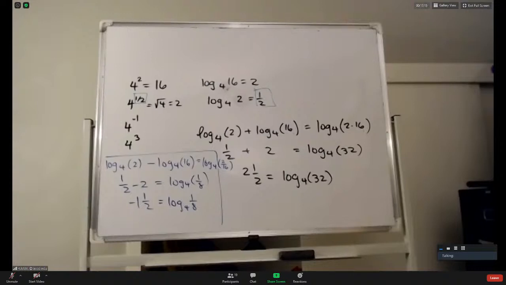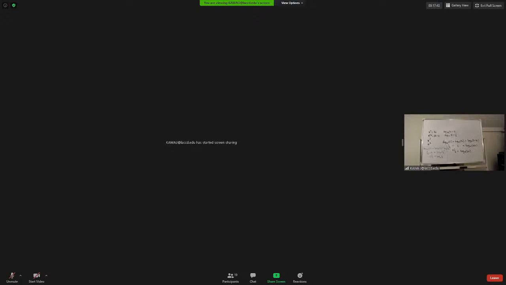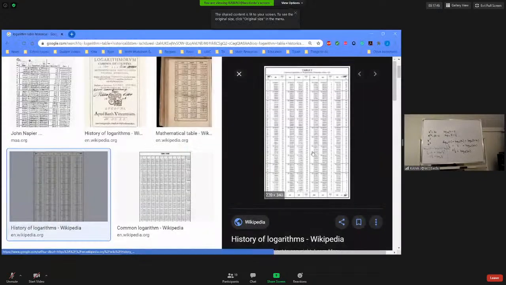Logarithm table. There we go. All right. And look at this. Someone would go and find all the logs, and they would hand do it.